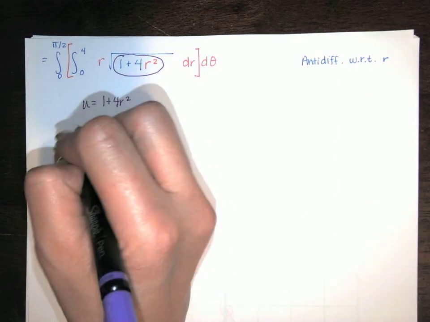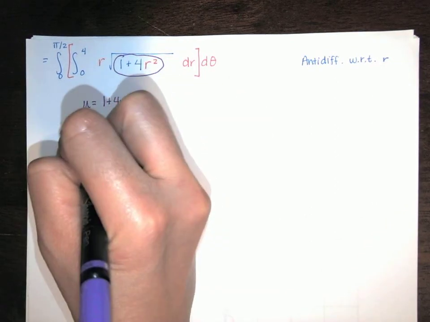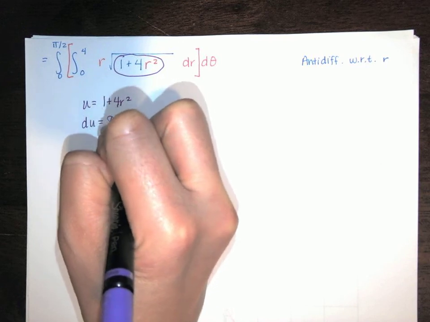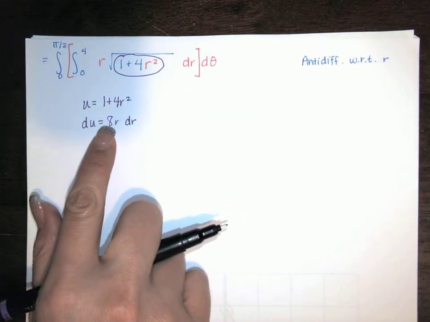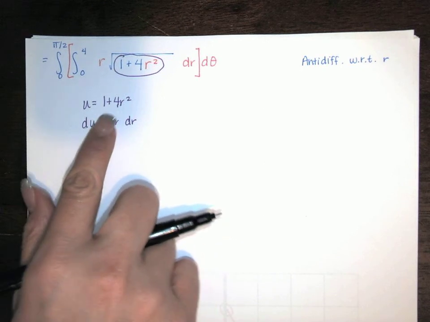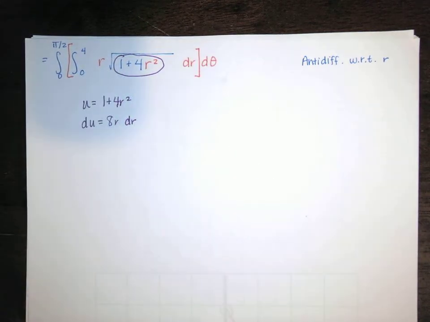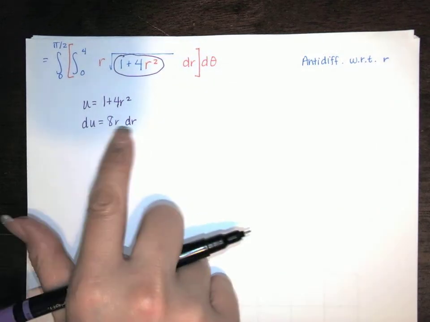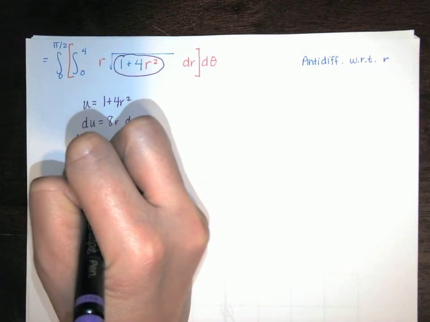Let me show you what I mean. So we'll do a u sub because if this is my u, du is 8r dr. I'm not worried about the 8, I just need the r dr, and I have the r and the dr. So I'm going to solve this equation for r dr by dividing both sides by 8.